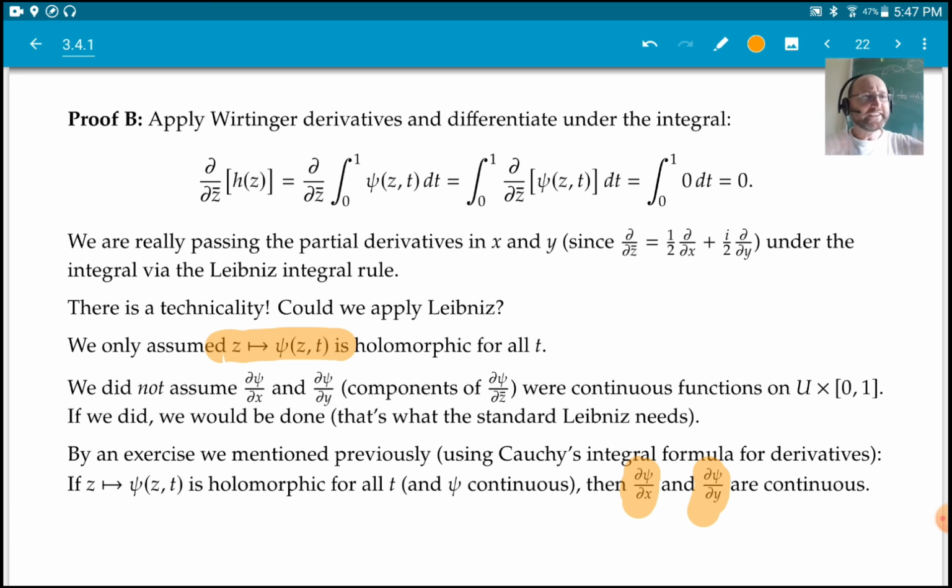Integrals are nice about continuous functions. Derivatives are terrible. Integrals are nice, right? So, because we had the Cauchy integral formula for the derivatives, we actually do get C1, which is what we needed, right? Okay, so then we're done. We get a nice, continuously differentiable function satisfying the Cauchy-Riemann equations. We were allowed to swap these two operations, right? And we're done. Cool.